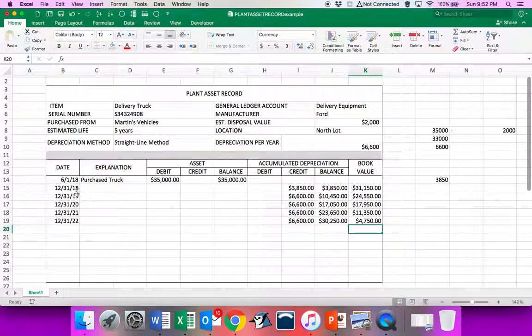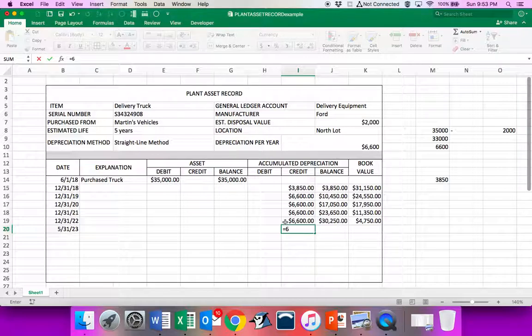Technically that's 1, 2, 3, 4, 5 years we depreciated, but the first was only a partial year. Since we bought it in June, it's going to end at the end of May. So May 31st, 2023, we're going to depreciate.